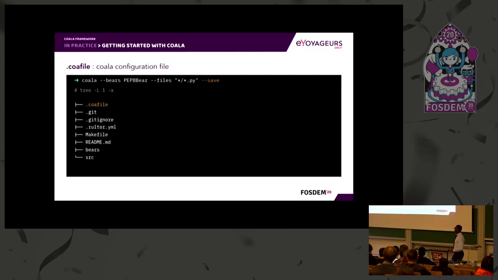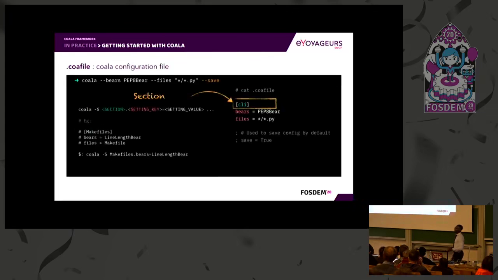When you run with --save, it produces a file called a Coafile. It looks like this. It's an ini file, you have sections, and you have at least two mandatory settings: specifying the bears, the rules you need to apply on the code, and the files you need to be applying them on.